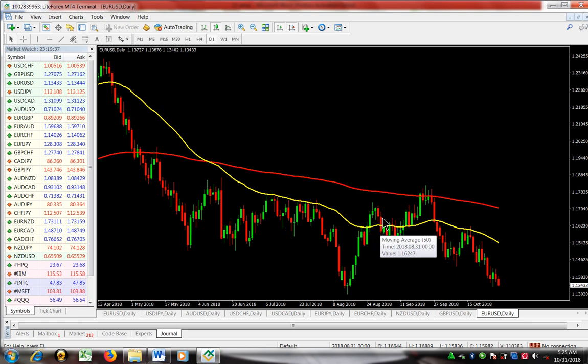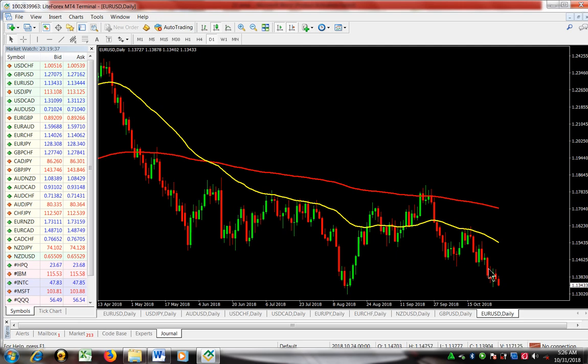Now, we use the 200 EMA not as crossovers. We use this to detect the direction of the trend. We say the trend is bearish, that is down. We say we are in a downtrend if the price is moving below the red, that is the 200 moving average.